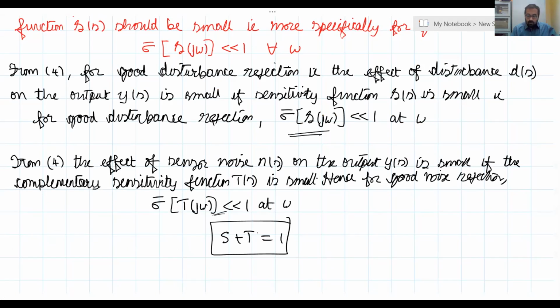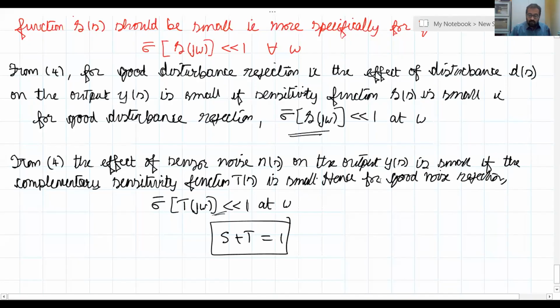Okay, so let us draw what should be the frequency shape. Now we will look at what should be the frequency shape of these functions.